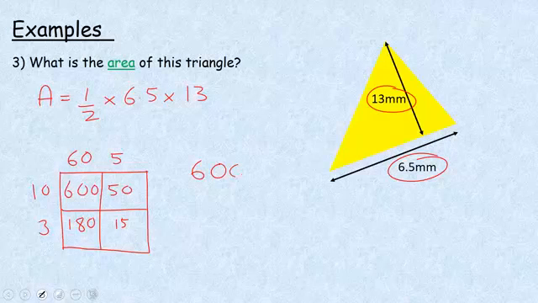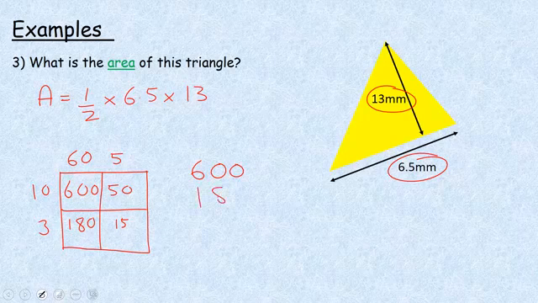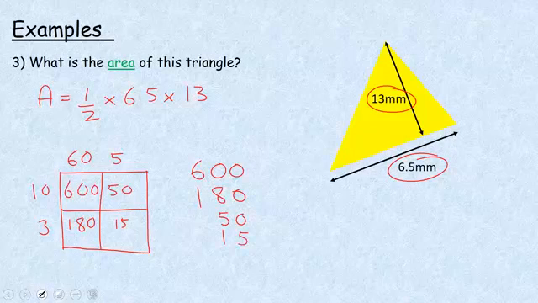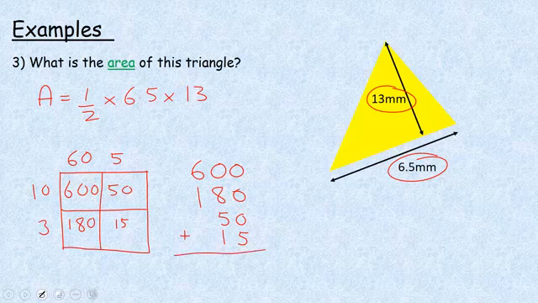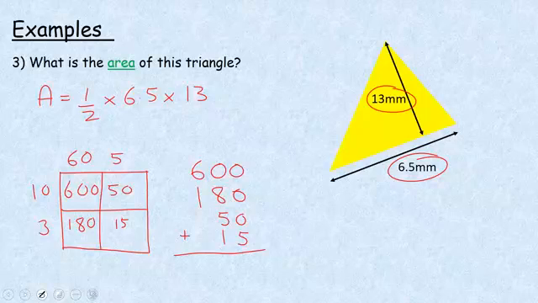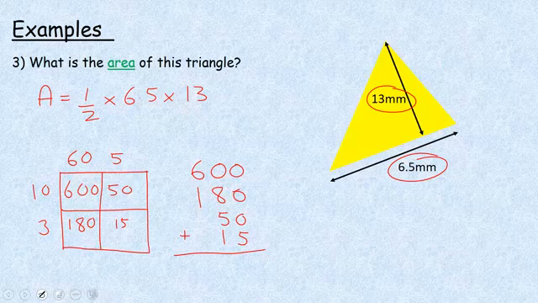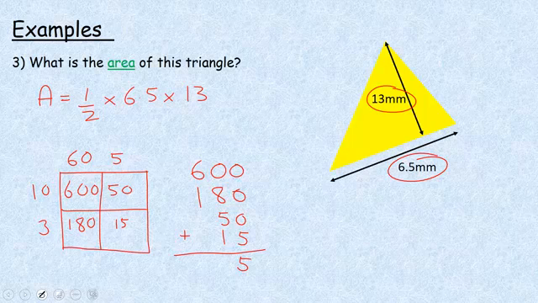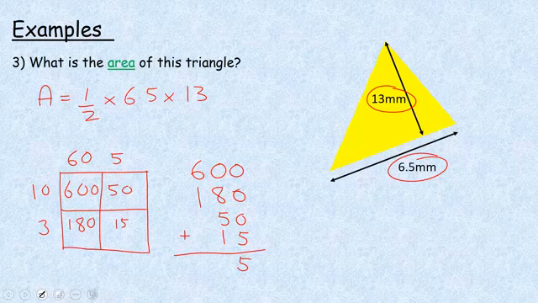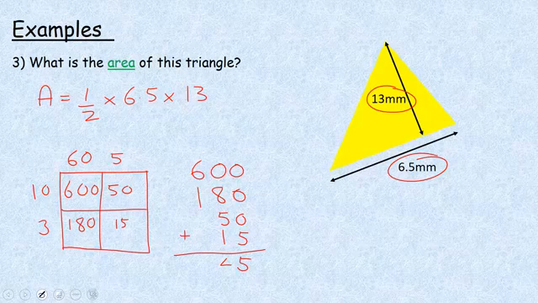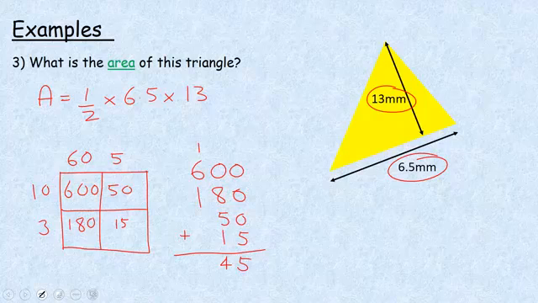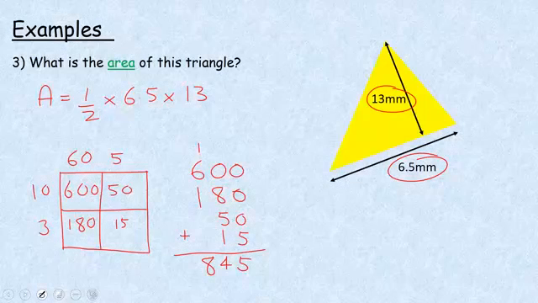And we use column addition. Very careful with these and make sure we get our columns right. So if we get our columns wrong, our answer is going to be wrong. So our first column, our units column, we've got 5. Our tens column, we've got 8, plus 5 is 13, plus 1 is 14, so we're going to have 4, carry 1, and then our hundreds column, we've got 1 plus 6 plus 1 is 8.